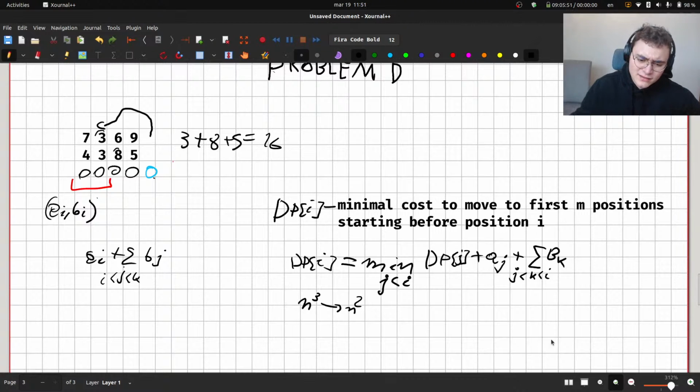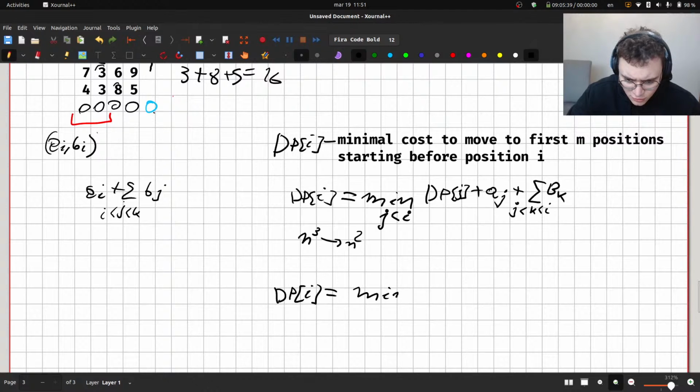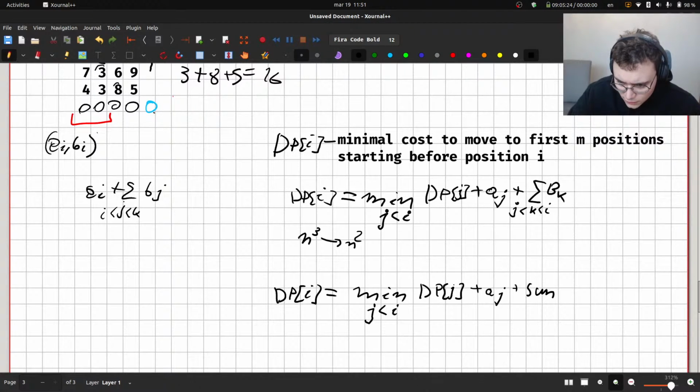So first, how to get it to n to the power of 2? Well, we can do prefix sums. I hope everyone who watches this knows prefix sums. If not, it's good to know them. It will be dp from j plus aj plus sum from I minus 1 minus sum of j.